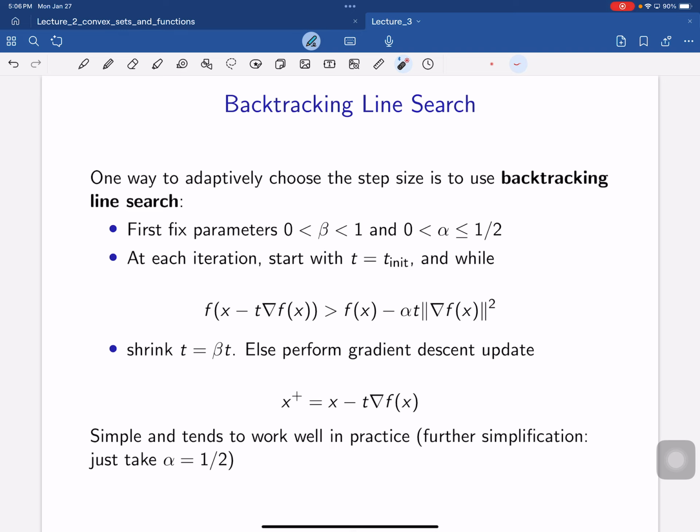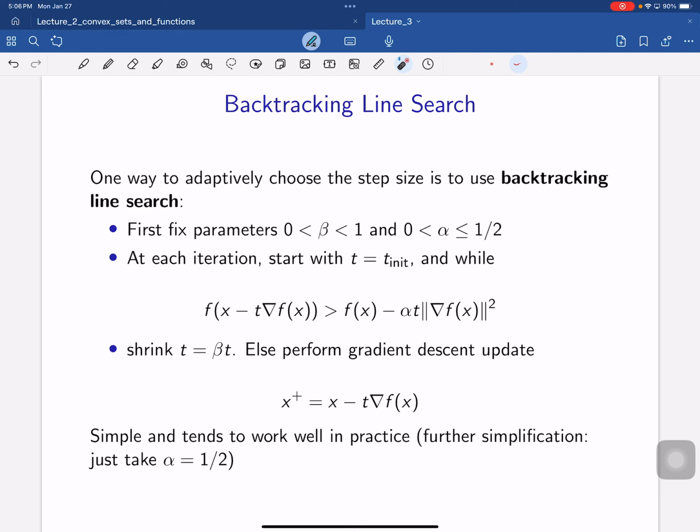You might even diverge. But if the step size is too small, the gradient gives you a descent direction, but you are not really taking advantage of this gradient direction because you only make a very marginal move at the current point. That is the rationale of this backtracking line search.